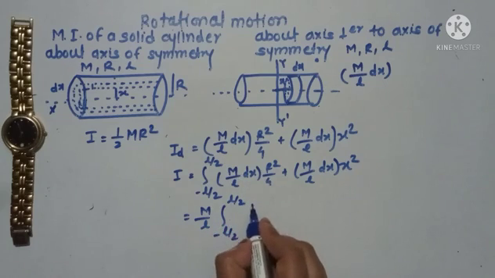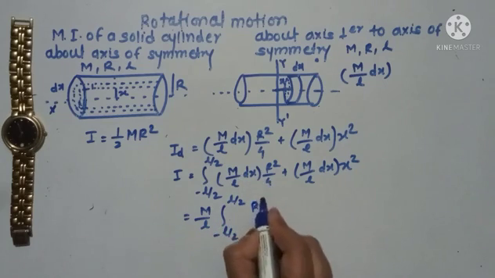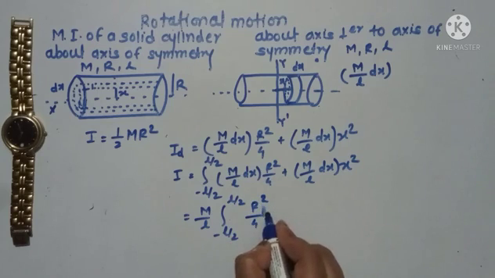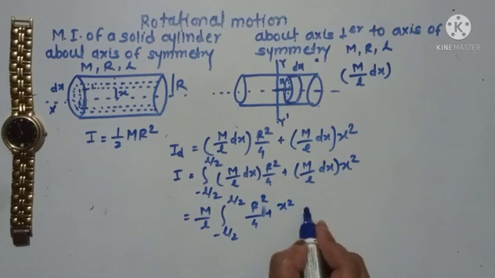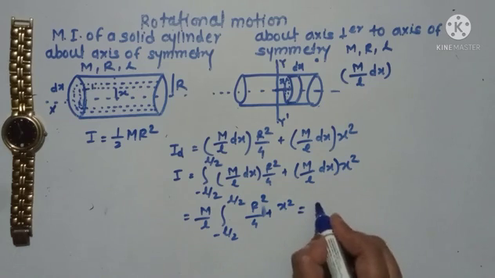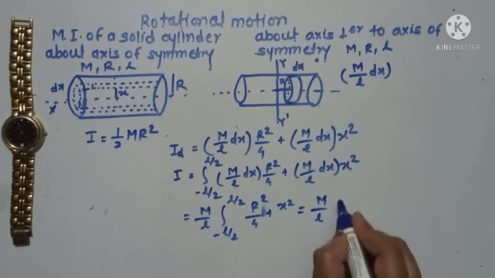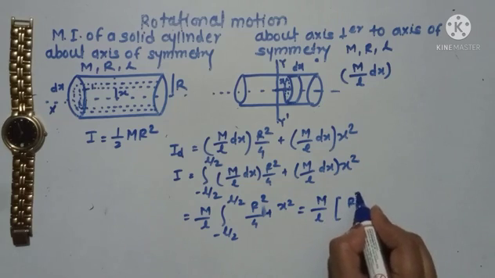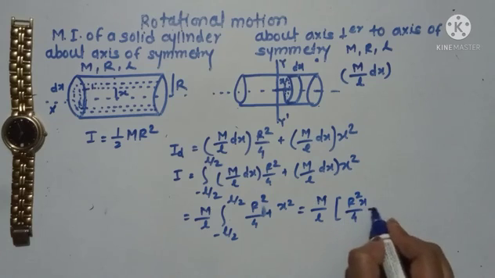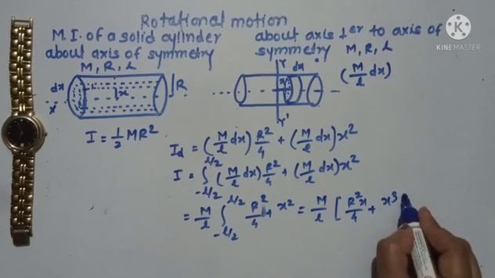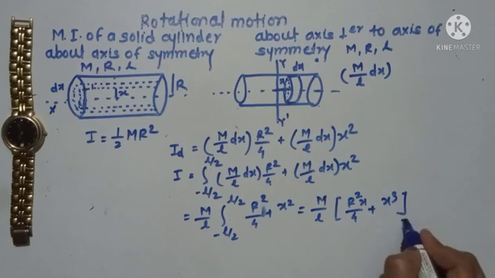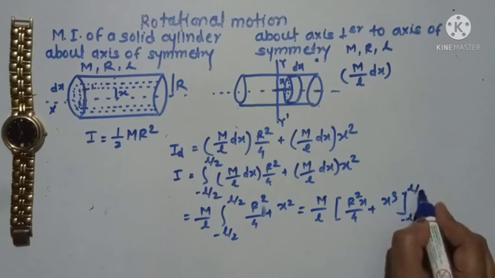The remaining terms are r square upon 4 plus x square. So it will give me m upon l into r square x upon 4 plus x cube upon 3, from minus l by 2 to plus l by 2.